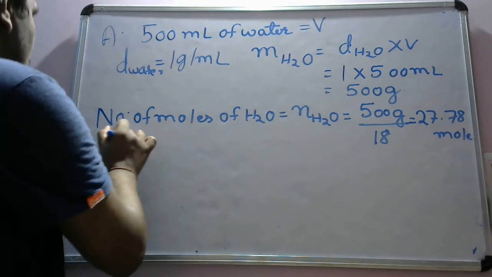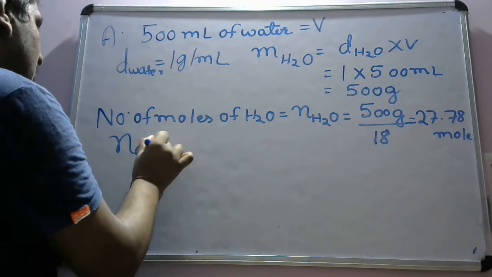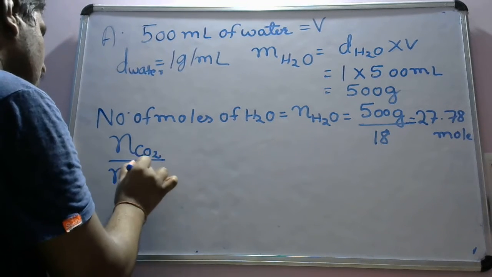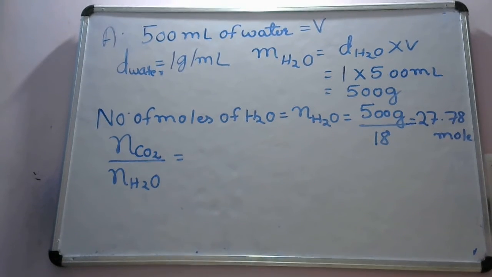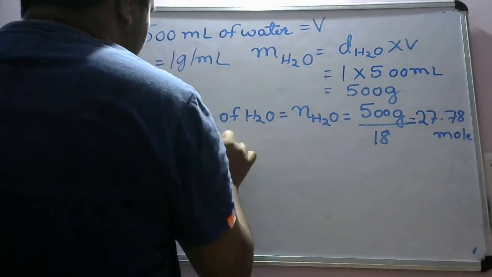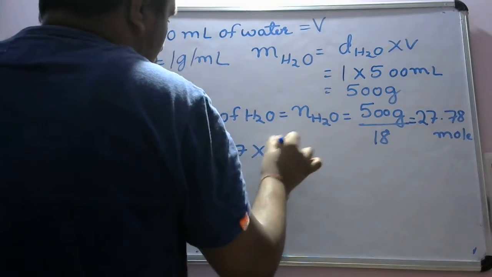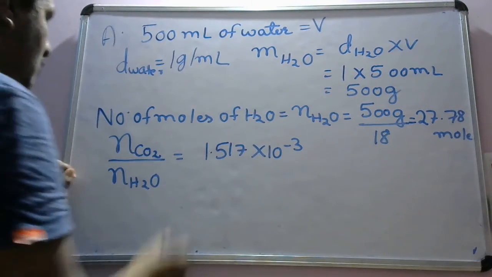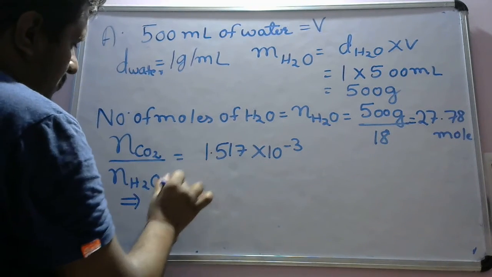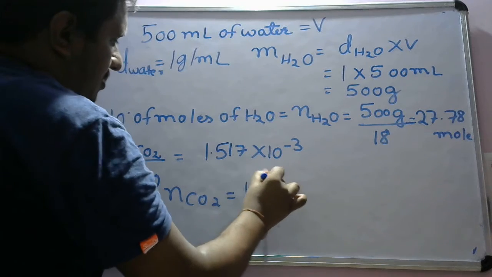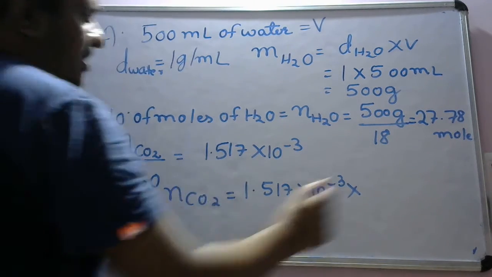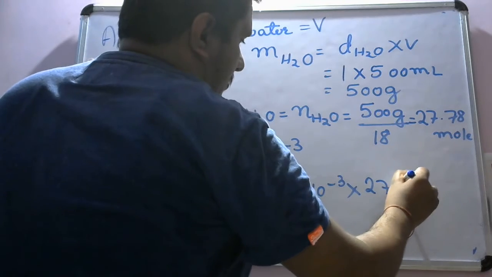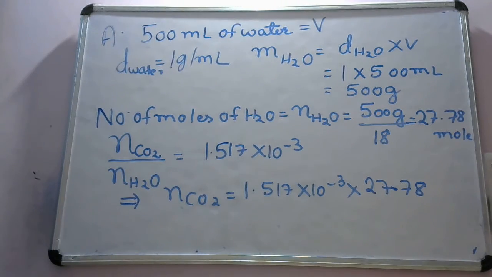Now, coming to that equation, the approximate equation for mole fraction. The value which we calculated was 1.517 into 10 to the power minus 3. Now number of moles of water you know. So NCO2 by NH2O is the mole fraction we calculated.